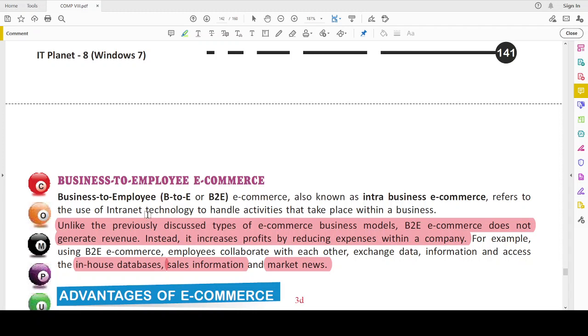They analyze the data and try to devise new strategies, new formulas, or certain strategies that would give a competitive advantage to the company. The company will benefit from that strategy.